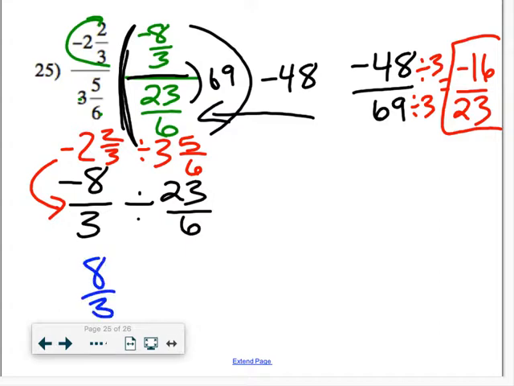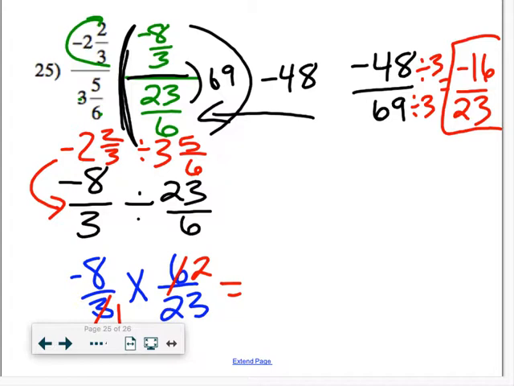Leave, change, and flip. So if you recall, I ended up simplifying by 3. You can again do that at the end here. Or you can notice the 3 would simplify to 1 and the 6 would go to 2, right? If I divide 6 by 3, I get 2. Divide 3 by 3, that's 1.